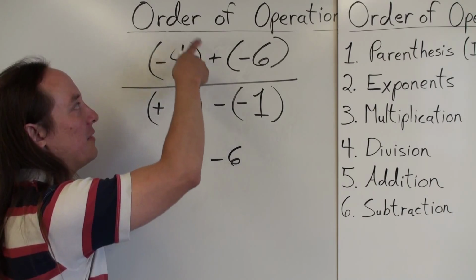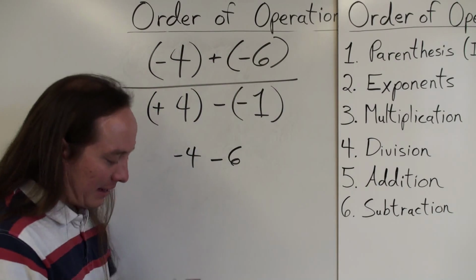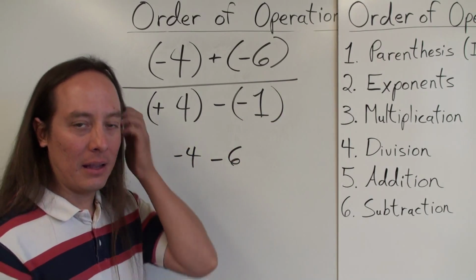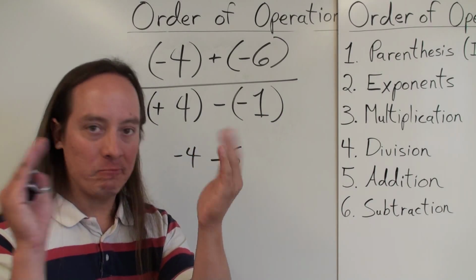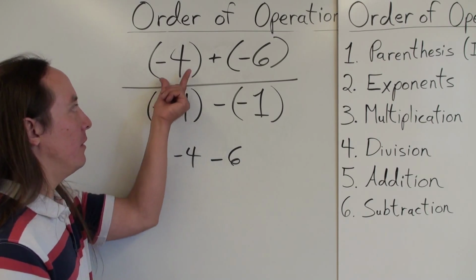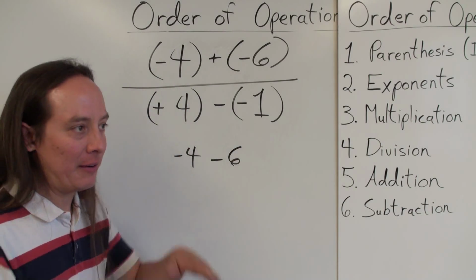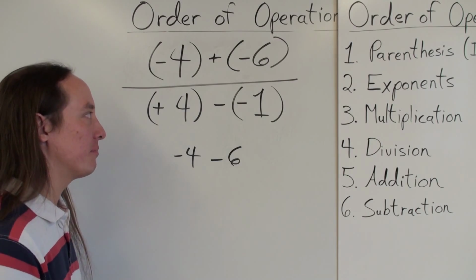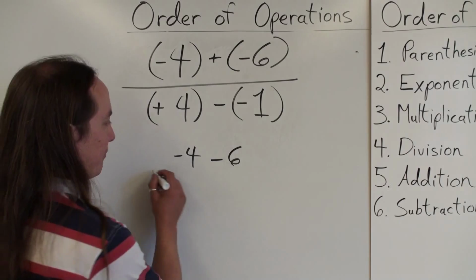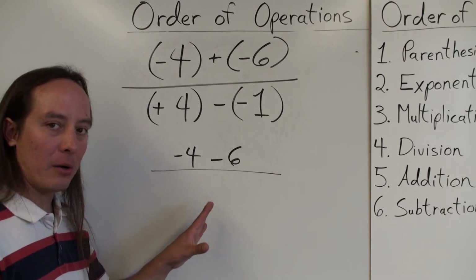Now this one that's inside parentheses, it looks like I have parentheses, but if I don't have anything to do inside of them, they don't count as parentheses. And there's -4 all by itself, I don't even need parentheses, so I just bring it down, okay? And let me move this out of the way a little bit. Okay, that's our numerator so far, we're working on it.